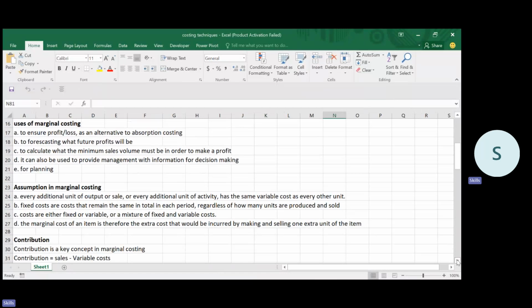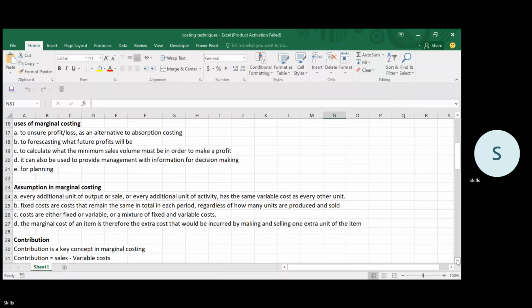So when you are dealing with units, the assumption is that the unit cost is constant. Every additional unit of output or sales, or of activity, has the same variable cost as every other unit. The unit cost is constant.